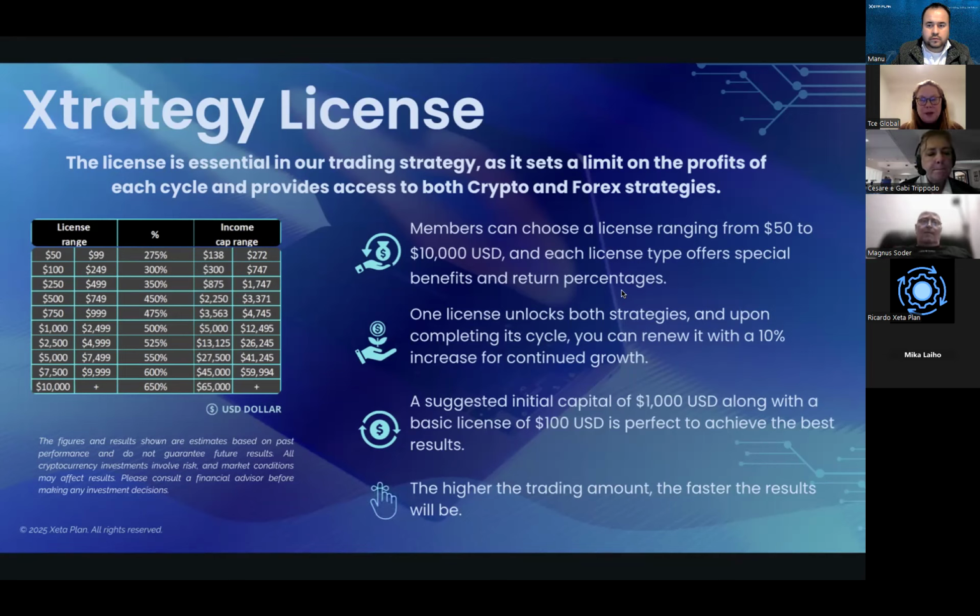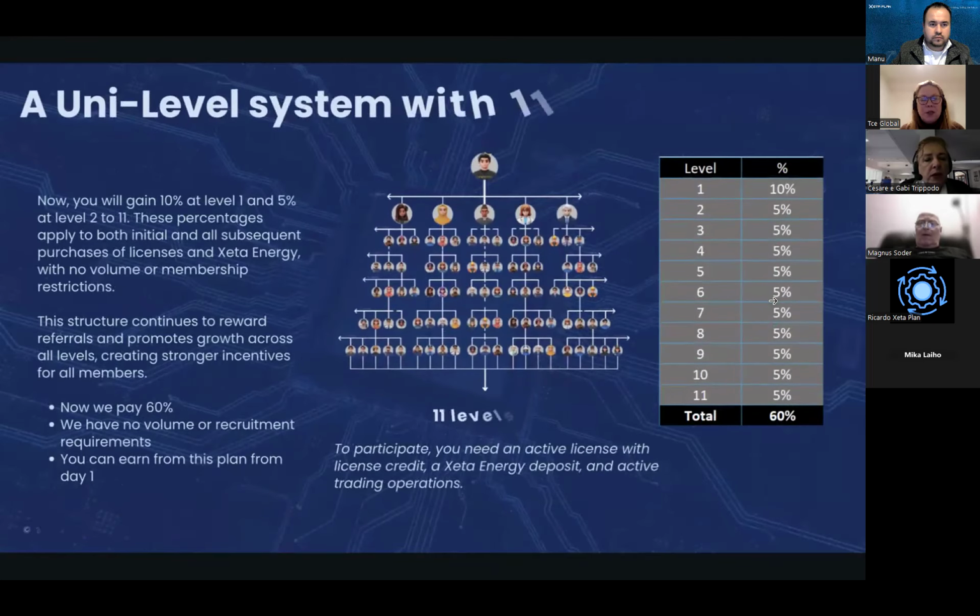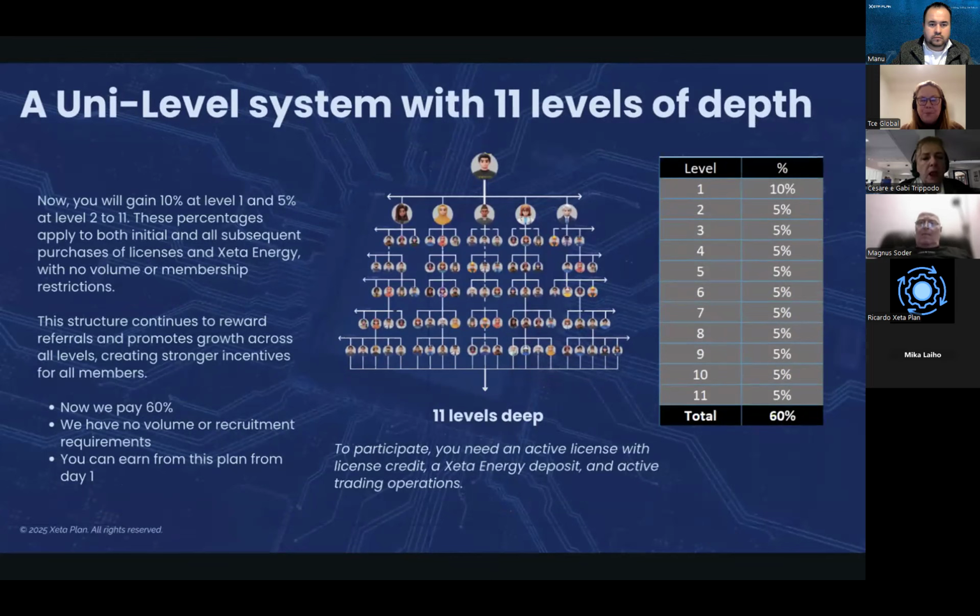In order to access the trading, to access Surfer, like I said, we got the licenses. Each license has a designated percentage that it offers, an income cap range, as mentioned before. So this is how to access it. And there's something very interesting: we have the referral program, which is a uni-level system with 11 levels of depth. In the first level, you earn 10%.